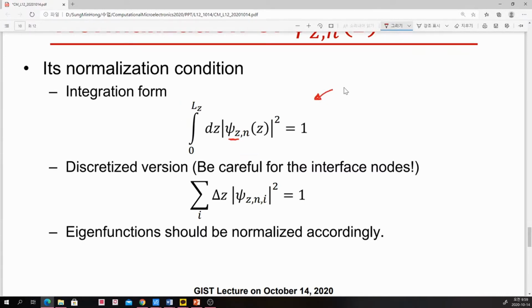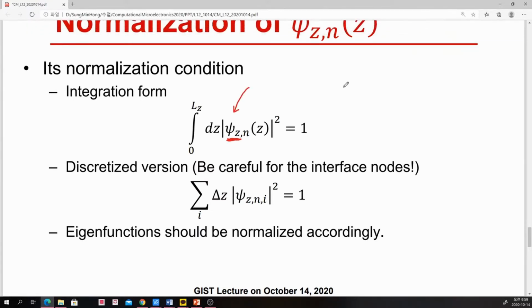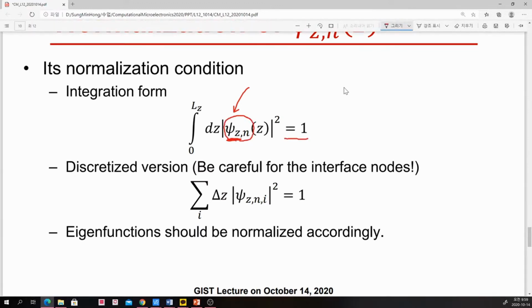It means that, let's say you have a certain psi z calculated from your own simulation. Now you have it, and you have to check whether this equals 1 or not. Let's say that when you evaluate it, your number happens to be just 100. Then what should you do?